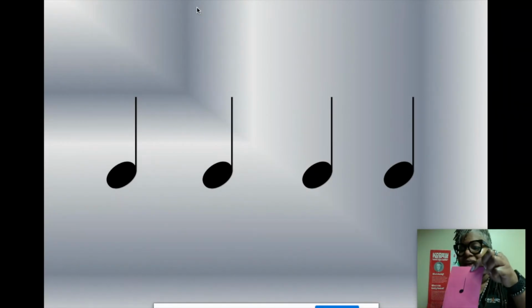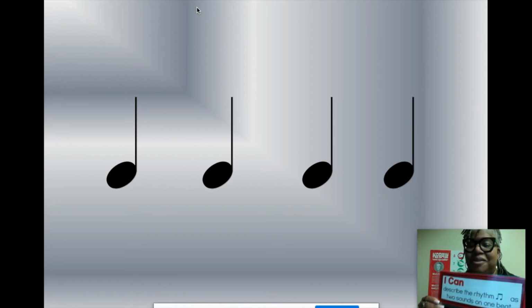Quarter note looks like one sound on one beat, and we usually say ta when we're counting rhythms. And then the other learning target, which we also already know, I can describe the rhythm eighth notes as two sounds on one beat.